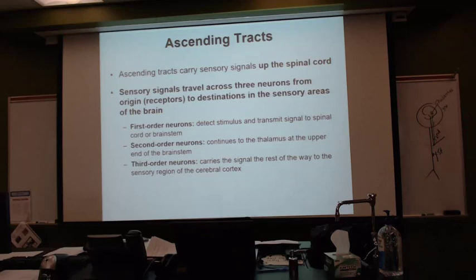And the thalamus is for the processing? Well, in this case, for information that goes up, the job of the thalamus is to take all these signals and direct them to the area of the brain they need to go.